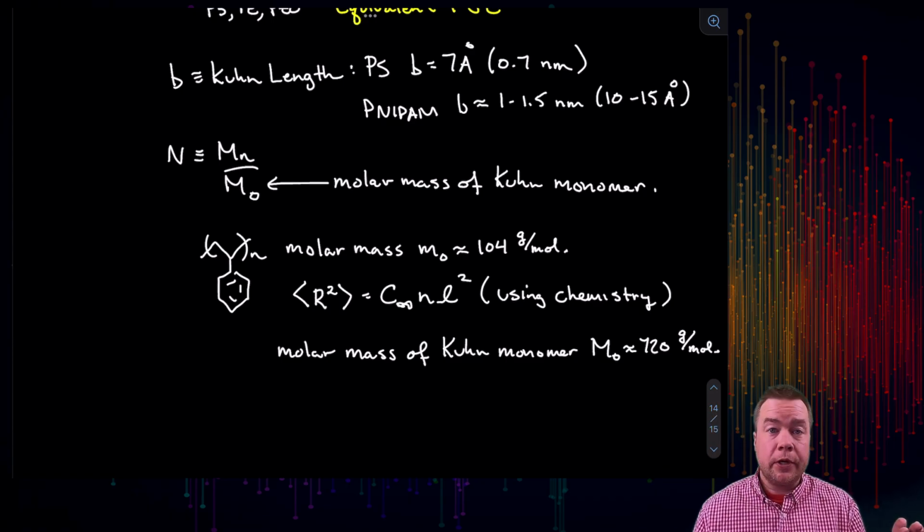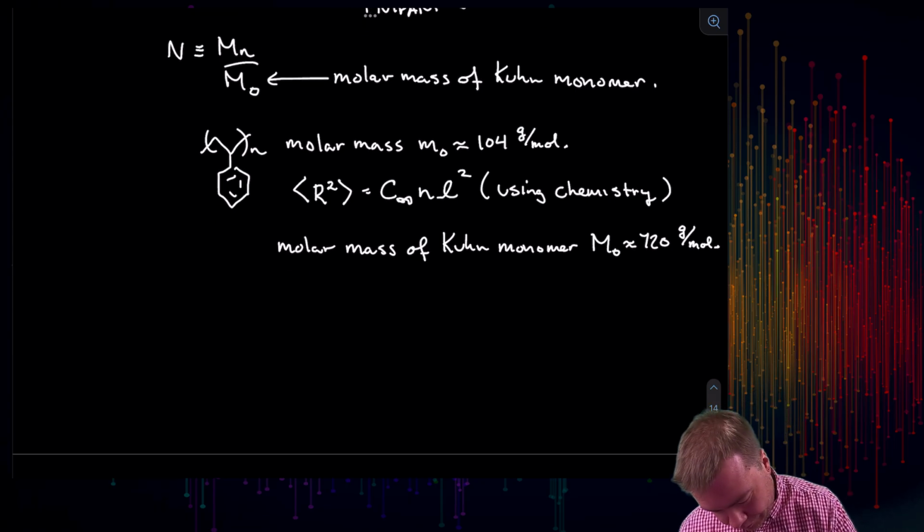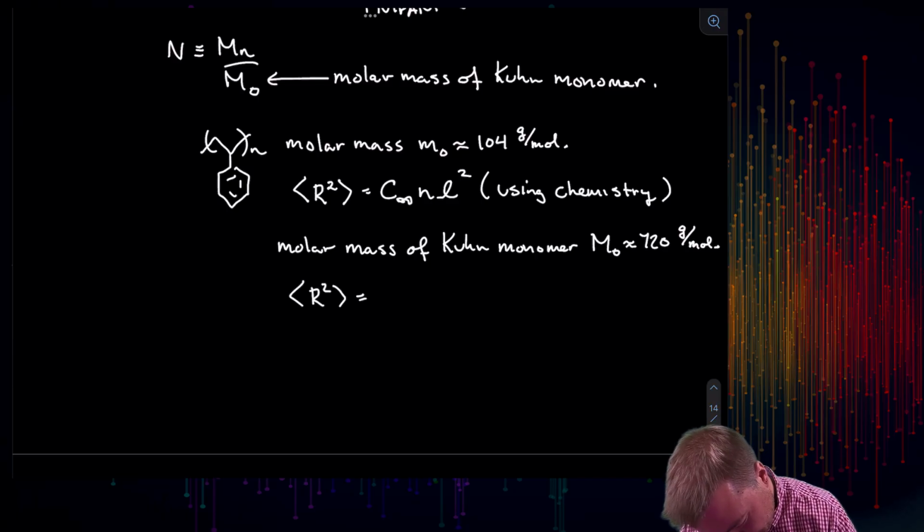So in other words, the Kuhn monomer in this equivalent freely joined chain is made up of something like 7 styrene monomers. All right. And so in that case, if we wanted to calculate the mean squared end-to-end distance, it would just be B squared times N.